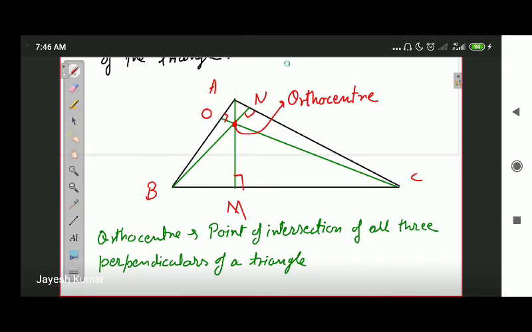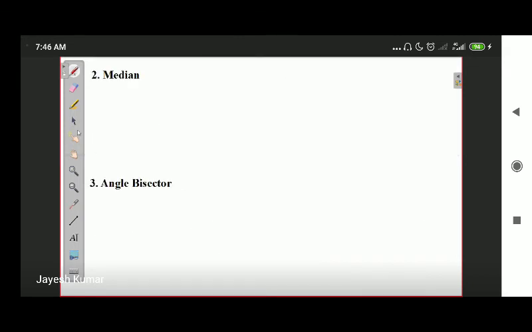Next, we are going to talk about the median. Let me shift angle bisector a bit below and median a bit above. So let us discuss the median. What is a median? A median is a line segment which divides a triangle into two parts of equal area.